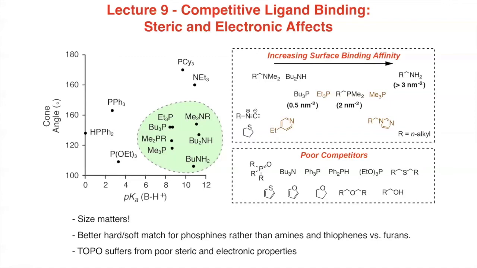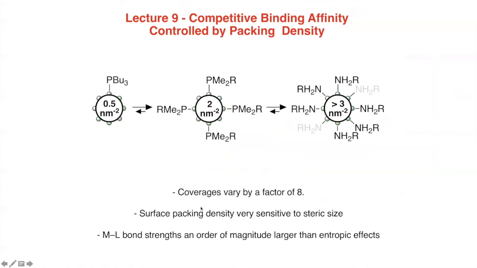So increasing the size of the molecule has a dramatic impact on the binding affinity. Small molecules bind better than large ones do. And one of the ways you can understand that steric effect is in terms of the coverage of molecules on the particle.